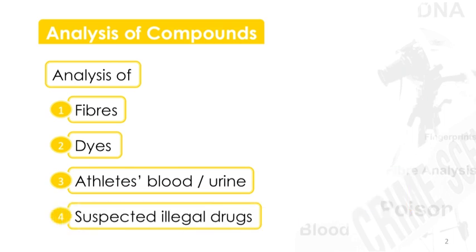These might be the material itself, or it might be analyzing body fluids from a suspect, an alleged user, for the presence of those illegal drugs. So analysis of compounds is a very important part of forensic science.